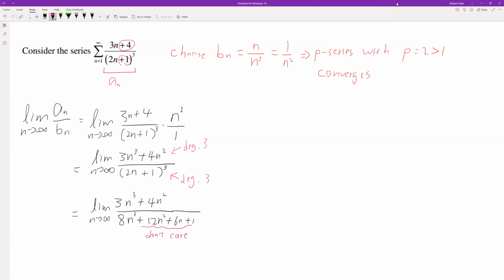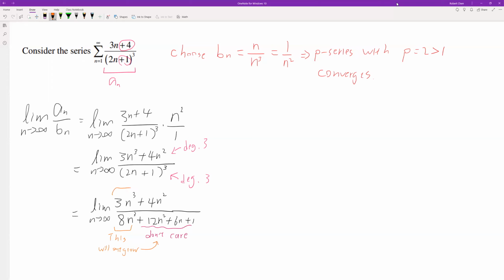Because when we take the limit, the leading term, the term with n cubed, is going to outgrow the rest of them. So this will outgrow these.